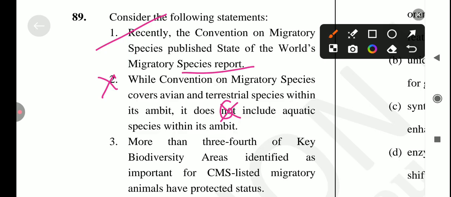Next is more than three-fourths of key biodiversity areas identified as important for CMS-listed migratory animals have protected status. No, it's not a correct statement, because the convention on migratory species covers within its ambit all forms of migratory species, including avian, terrestrial and aquatic.